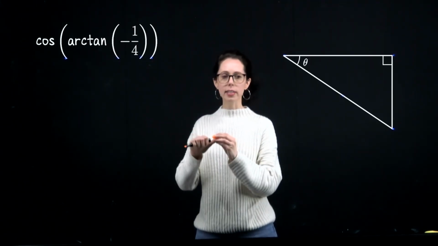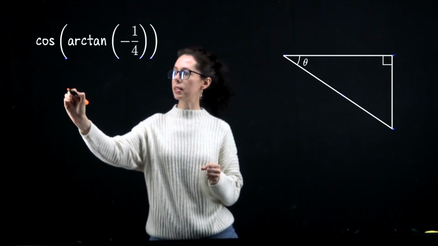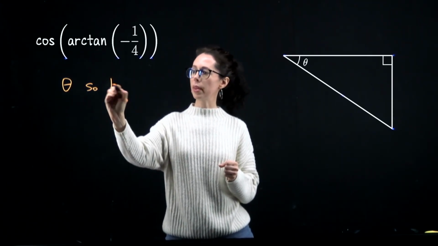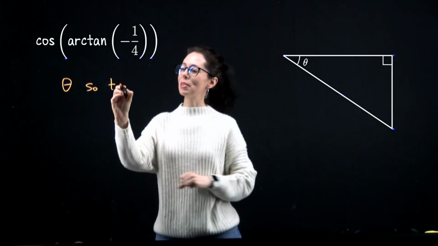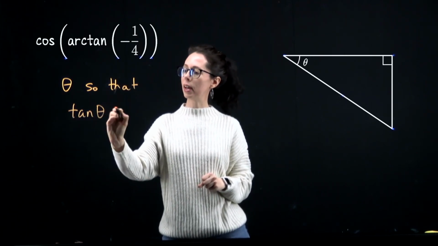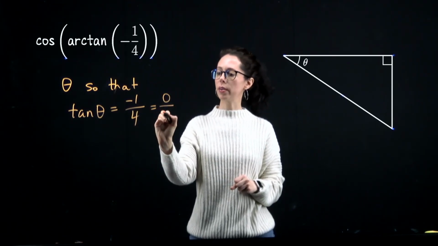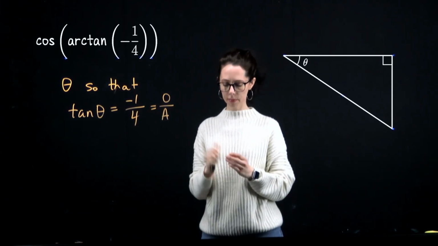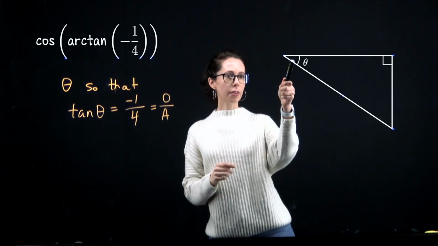So we have arctan of -1/4. That means that this inside is an angle theta so that tan of theta is -1/4. That's opposite over adjacent. Let's label that on our triangle. Here's the angle theta.